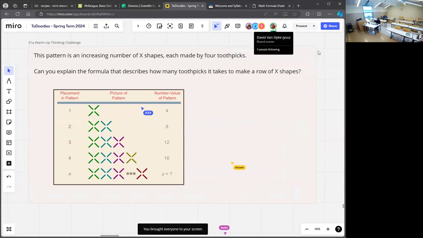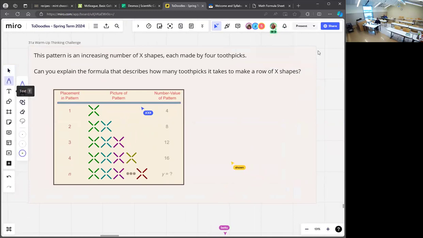So this table has 3 columns. The first column is just counting: 1, 2, 3, 4, how many times we've done the pattern. And by convention, N is a letter that means whatever number you want.